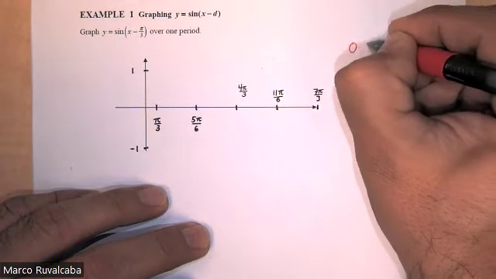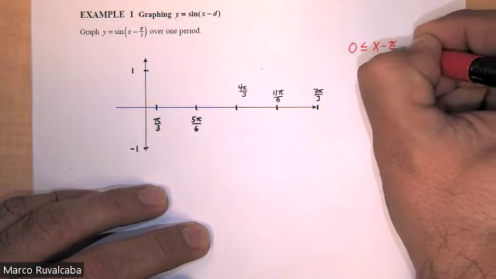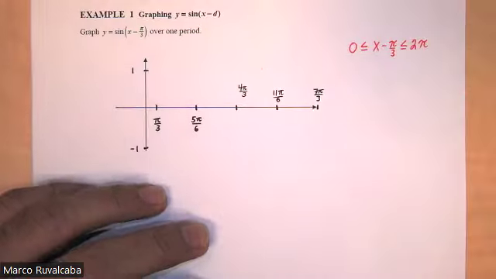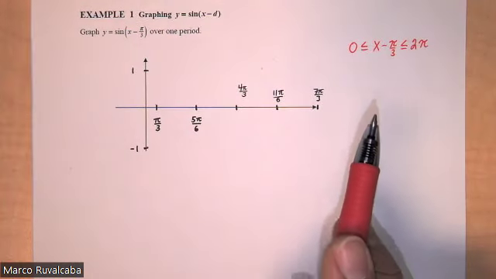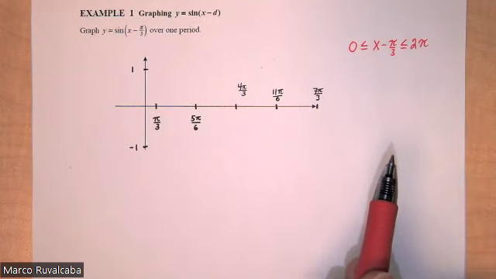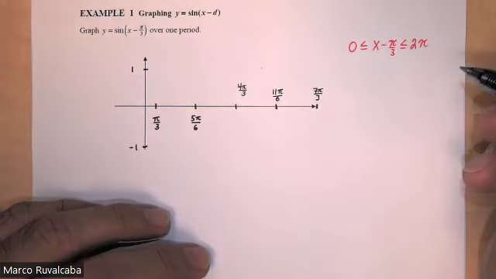You let 0 is less than or equal to x minus pi thirds, which is less than or equal to 2 pi. So this function has to go through a period between 0 and 2 pi, and then we solve for x to find the actual interval that this function is going to travel through.